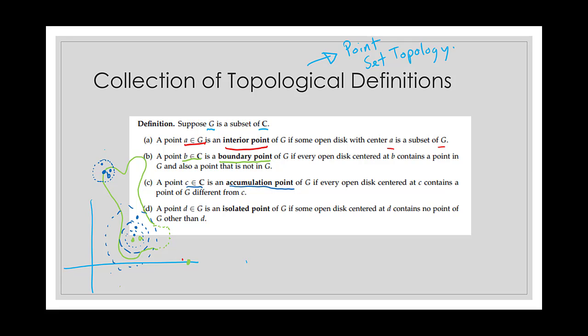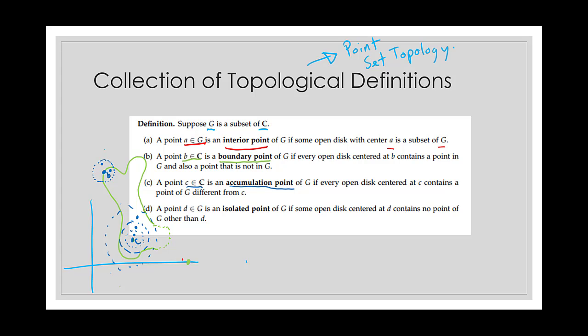So we would call it, actually we're calling it C, not A. Let me erase that really quick. Let's call it C. So C would be an accumulation point in this case. Again, an accumulation point is a point such that if you take any open disk around C, you're going to contain C and some other point of G.